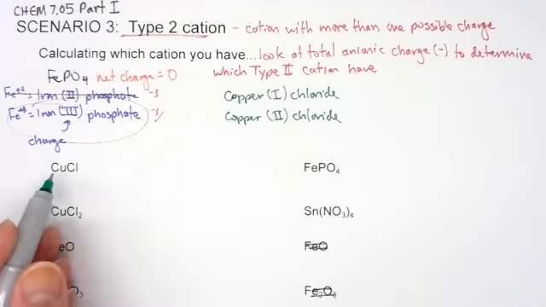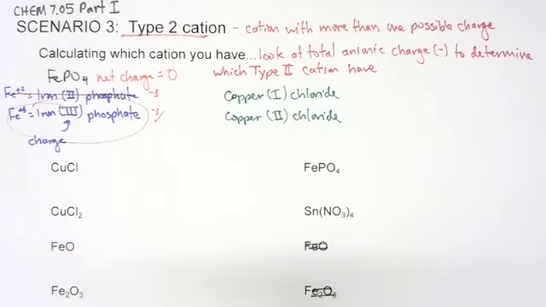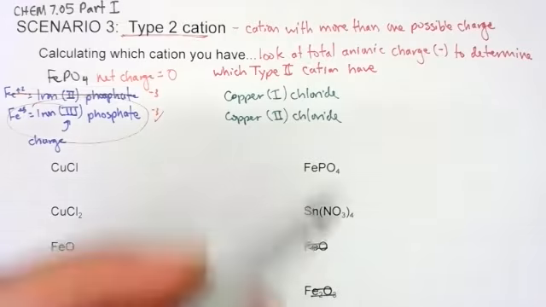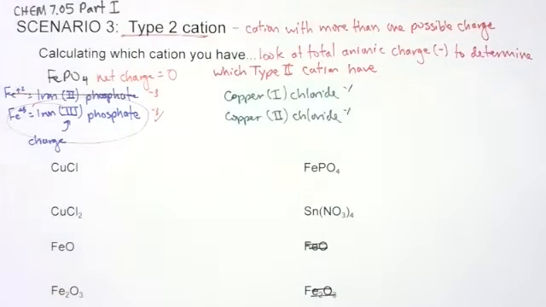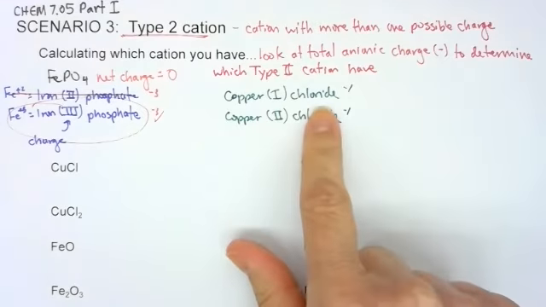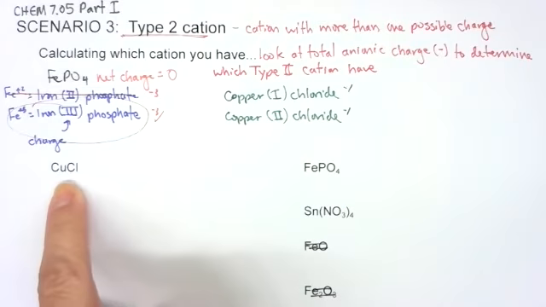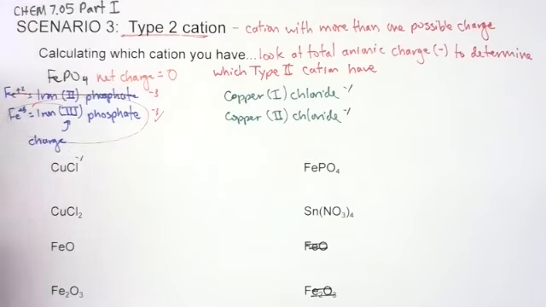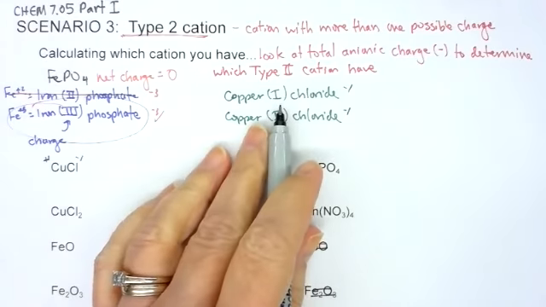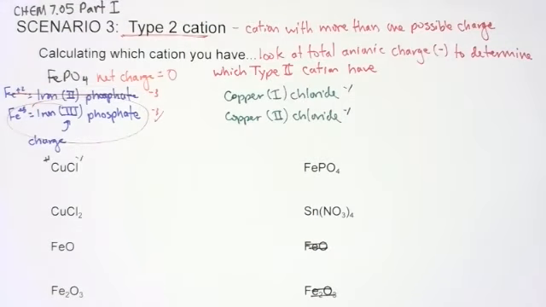So one of these is copper 1 chloride and one of these is copper 2 chloride. Chloride has a charge of -1. So if I have copper 1 chloride, when I look at that formula, I could have 1 copper to 1 chloride, which is what I have here. So if this is -1, and I only have one of these, that means this charge must be +1. So that must be copper 1 chloride.